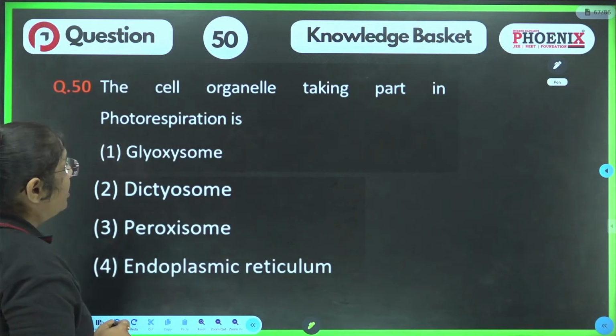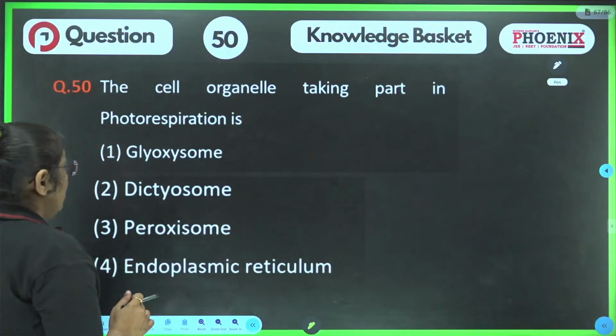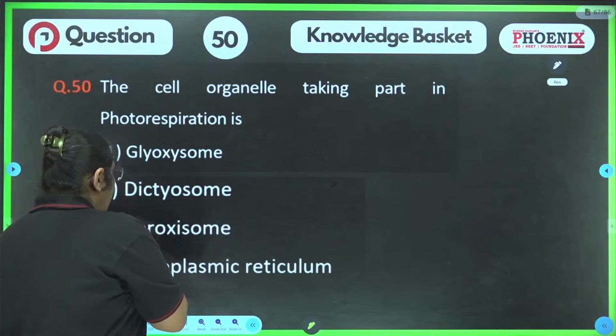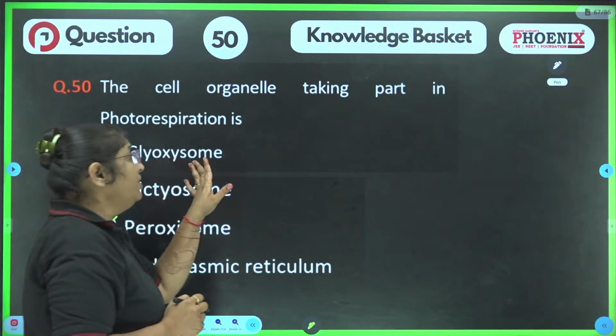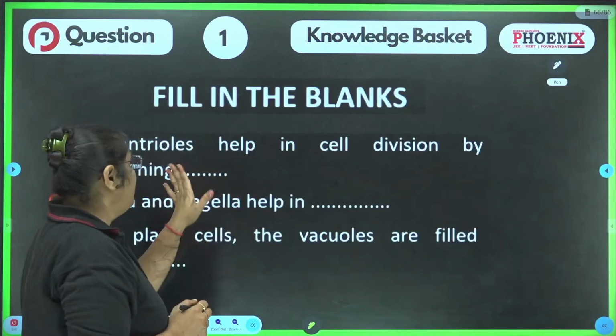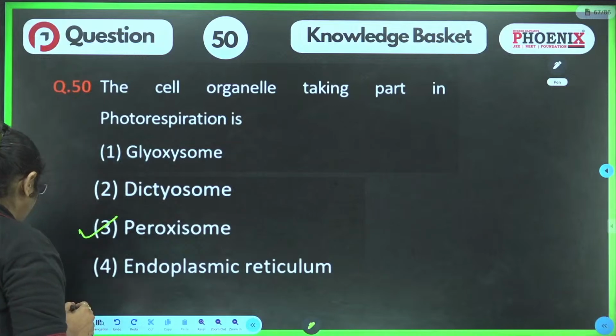The cell organelle taking part in photorespiration. So the answer is peroxisome. Glyoxysome is also a cell organelle which helps in the... okay.